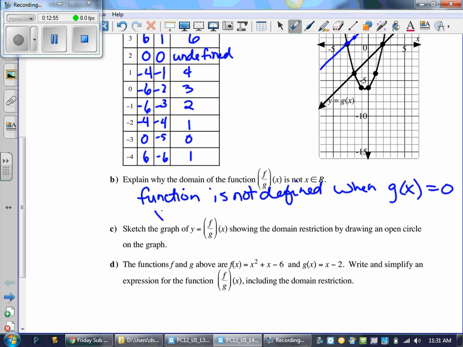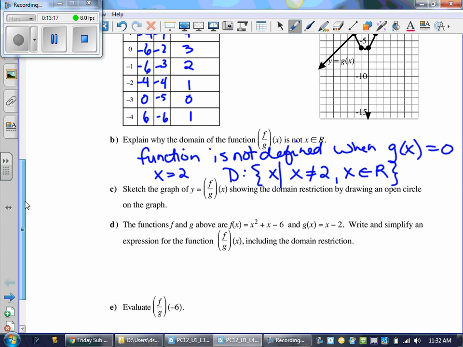So that happens when x equals 2. So the domain is actually going to be x such that x cannot equal 2. But it's an element of real numbers except for that point. So we have to make sure we include that.